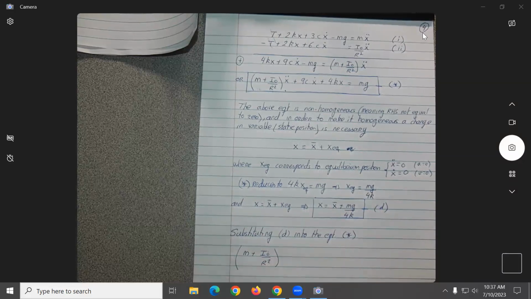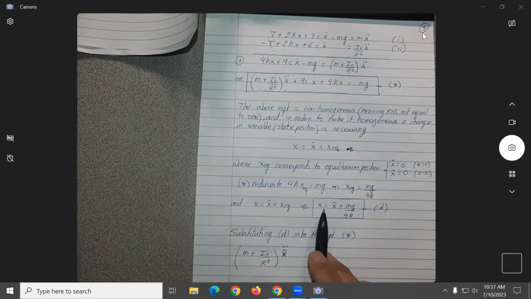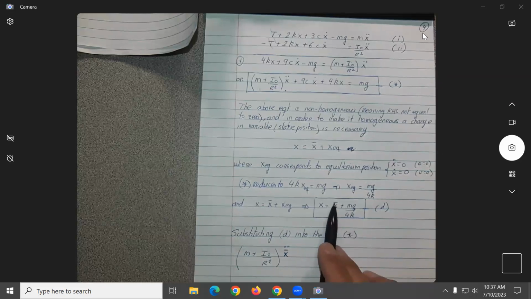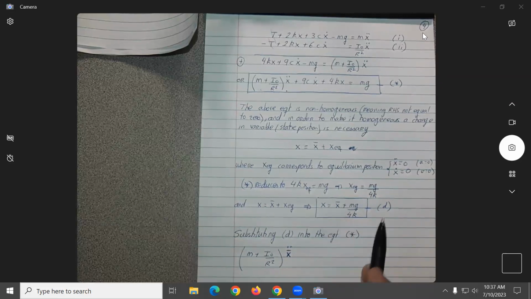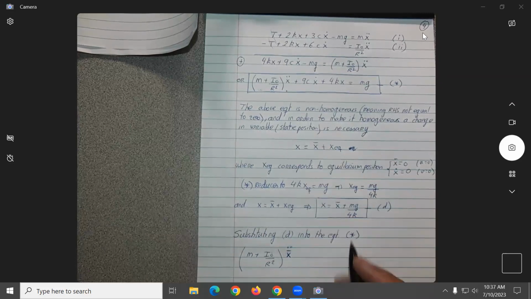Okay, that's where we start the funny notation. So this is a constant, no? If you take the derivative of a constant, you get 0, no? So this should be equal to x bar double dot. If you take the second derivative of this one, this one will be 0, x bar double dot. Yes, everybody?